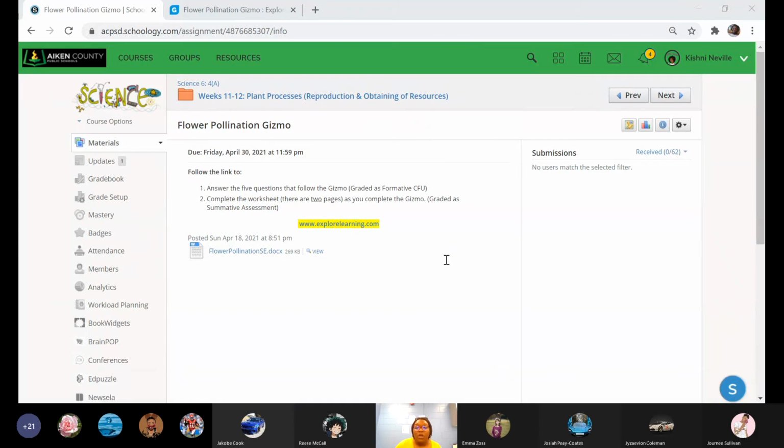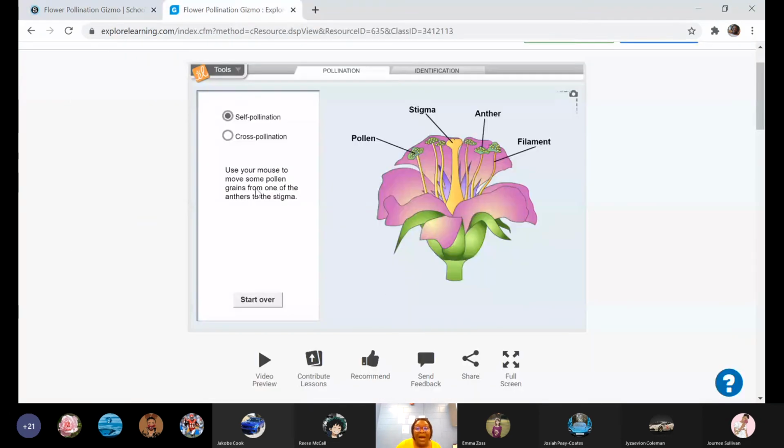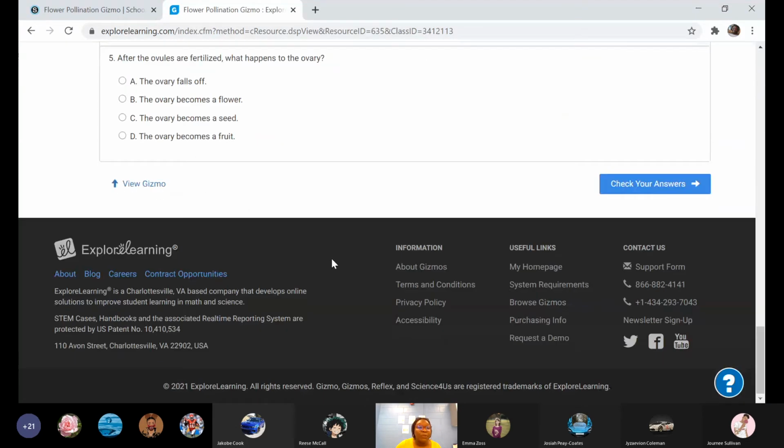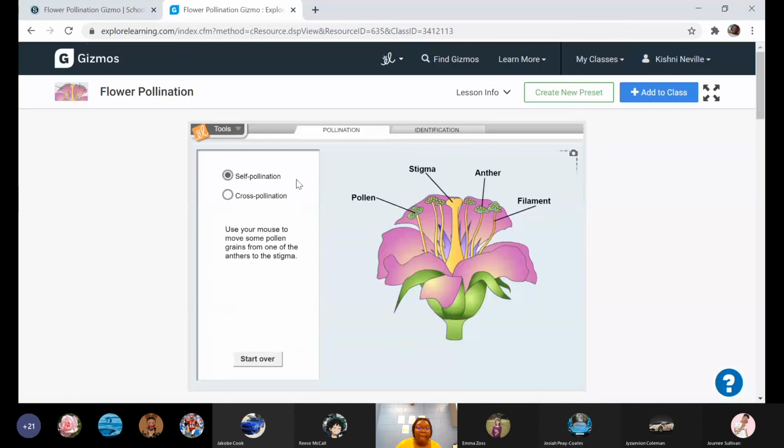You're going to complete this worksheet using the flower pollination gizmo. You will also answer the 5 questions below, okay? Let's walk through exactly what you're supposed to do here. I don't want anyone confused as to what they're supposed to do with this gizmo. So please follow along with Miss Neville.